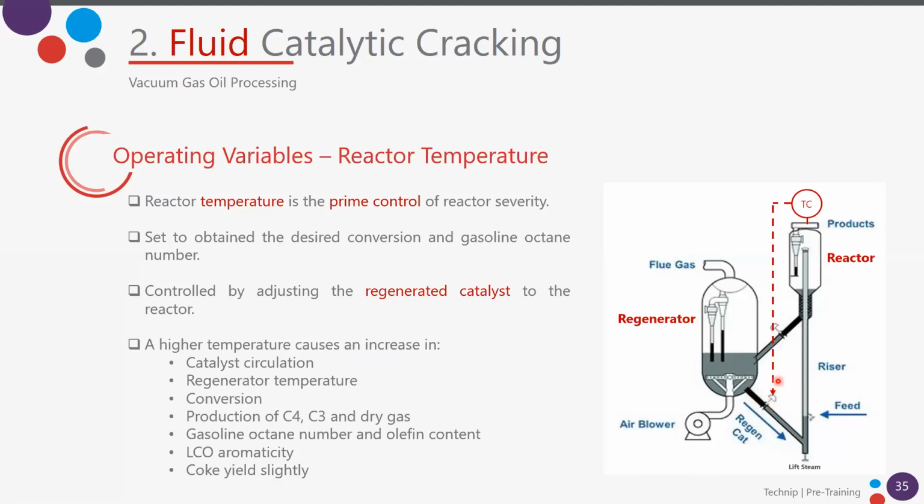Remember that we have said that this valve is controlled by this temperature control, and the other valve here, the spent catalyst valve, is controlled by the level control in the reactor, okay? Well, so we have the temperature controlling this and the level controlling this, okay?